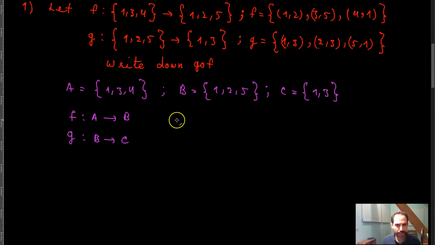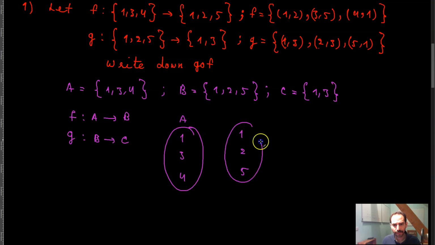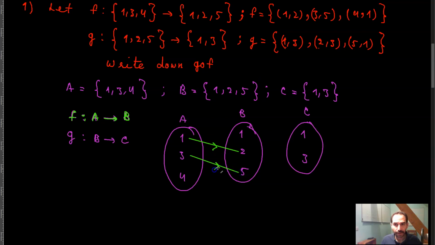Meaning that if I have the set A over here, which is {1, 3, 4}, and this set B is {1, 2, 5}, and this is B, and {1, 3} is C. So you can see that f is a function that goes from A to B, so this is f from A to B. That gives me 1 maps to 2, 3 maps to 5, and 4 maps to 1.